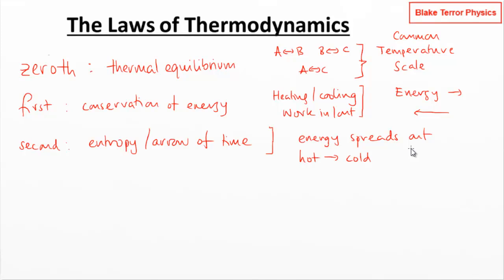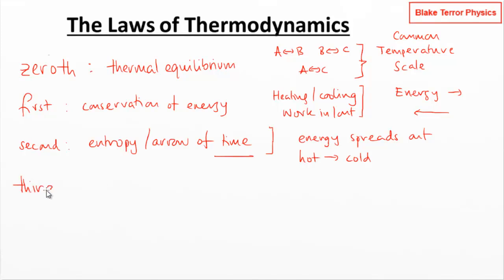So it's a profoundly important and deep law, adding this difference between past and future with the arrow of time, because entropy is increasing with time. And also this idea of what's happening with energy. So that's our second law.